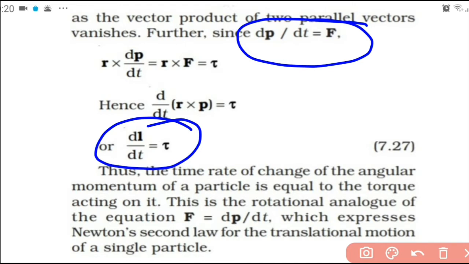So it means that the time rate of change of angular momentum of a particle is equal to the torque acting on it. And this is the rotational analog of F equal to dp by dt, which is nothing but Newton's second law of motion. So analogous to that second law of motion, we have this equation.